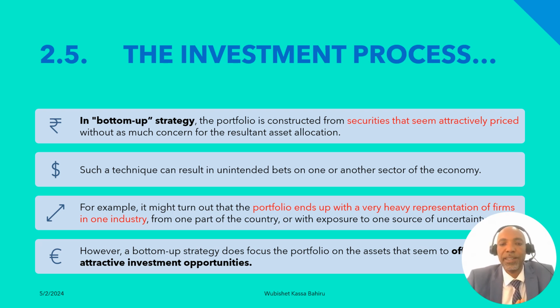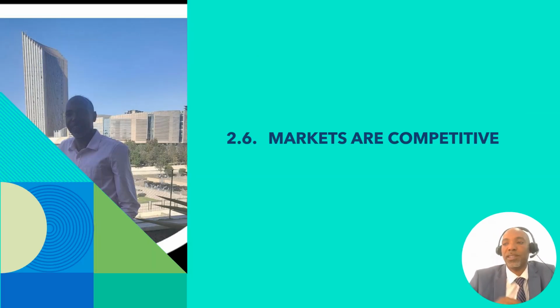For example, it might turn out that the portfolio ends up with a very heavy representation of firms in one industry, or from one part of the country, or with exposure to one source of uncertainty. However, the bottom-up strategy does focus the portfolio on the assets that seem to offer the most attractive or profitable investment opportunities.